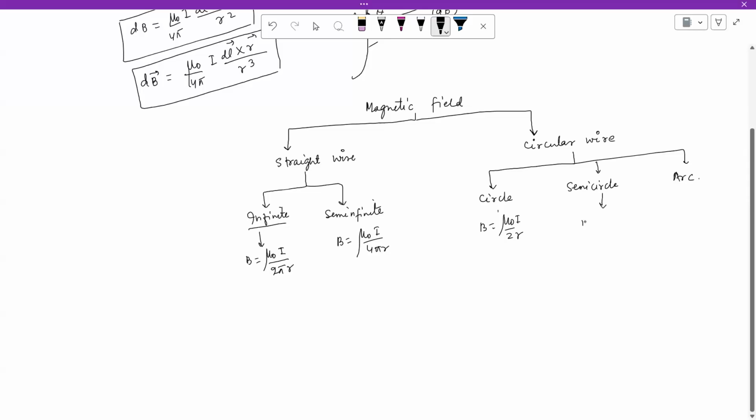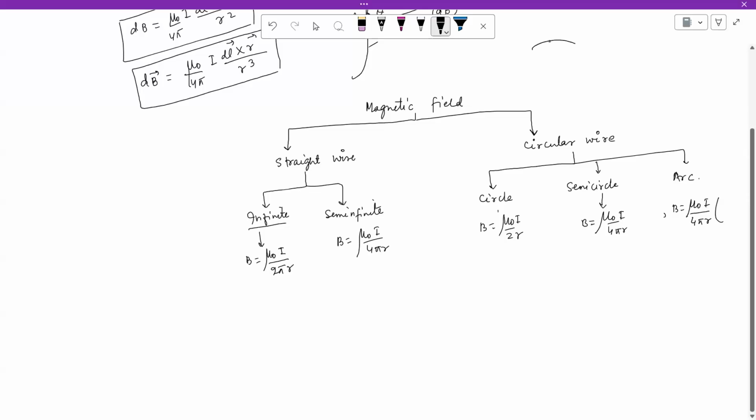This one has magnetic field mu naught I by 4 pi R. And this one has magnetic field mu naught I by 4 pi R. And this one has theta.